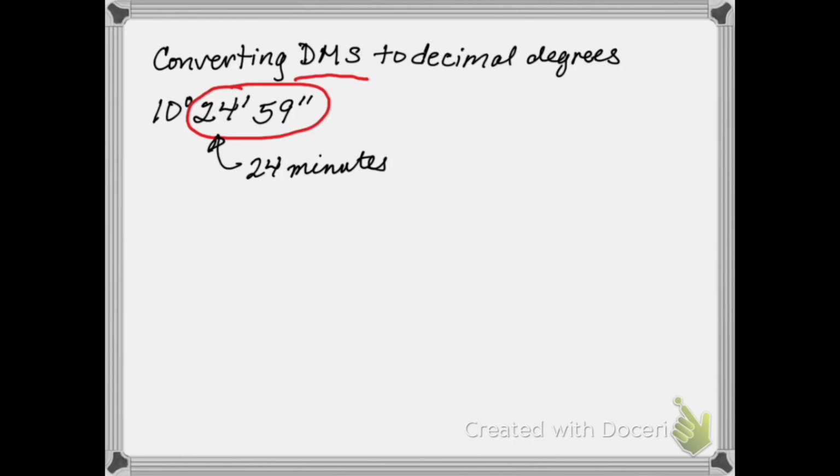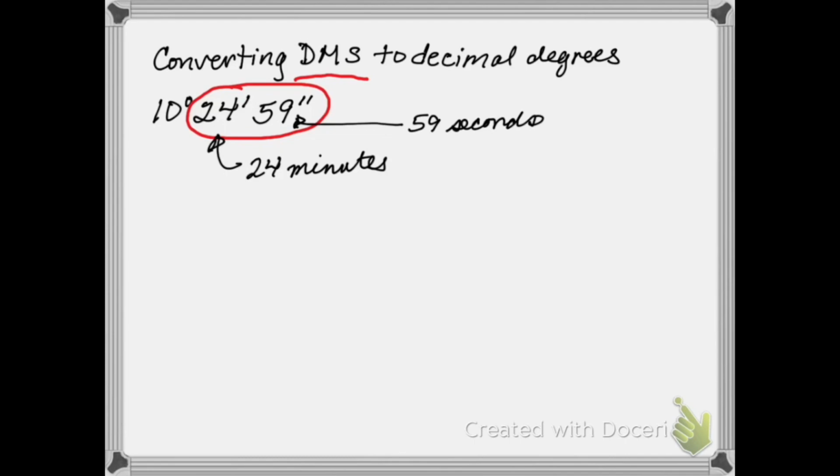And then this 59 here is 59 seconds. That's what these, what look like quotation marks, mean: seconds. So I've got 10 degrees, and it's not 11 degrees, it's in between 10 and 11 degrees. And this is a way of indicating the precise measure that we have here.